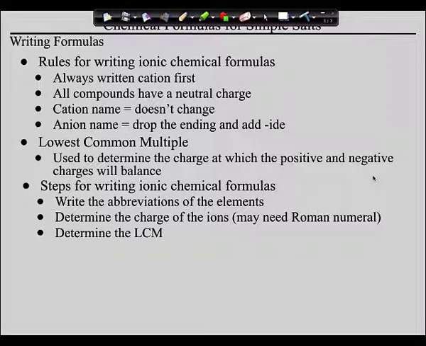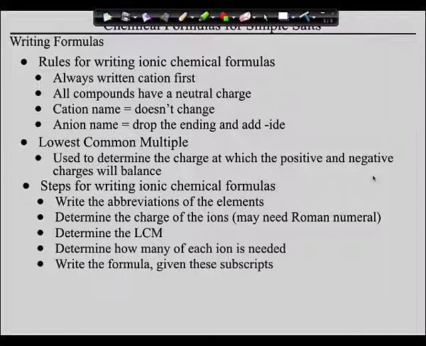Okay, so guys, you good on step 2? Okay, now step 3. Determine the LCM, the least or lowest common multiple. Once you've got the least common multiple, you will then determine how many of each ion you need to create that least common multiple.